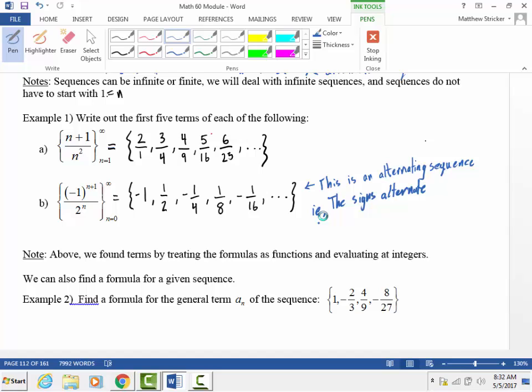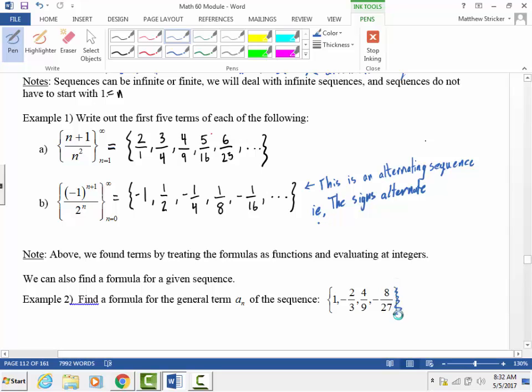Take a minute or so, see if you can play around and come up with a formula much like this to represent this sequence. And if you think you have a formula, try it with a few n's and see if it works out. You may have to adjust parts of it. Play around, see if you can come up with a formula, because we may have to do this sometimes. And this is a typo in the notes, I believe.